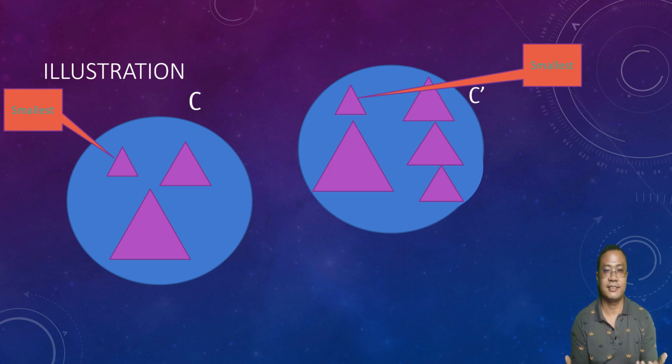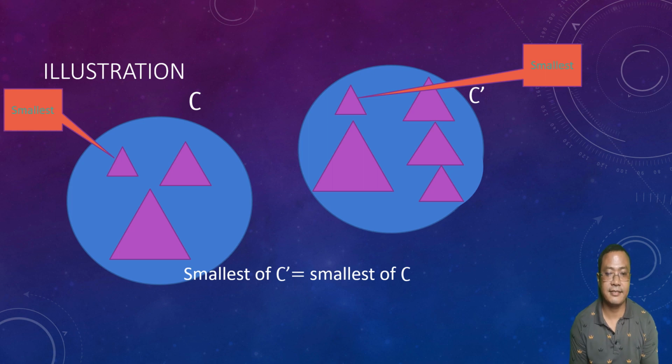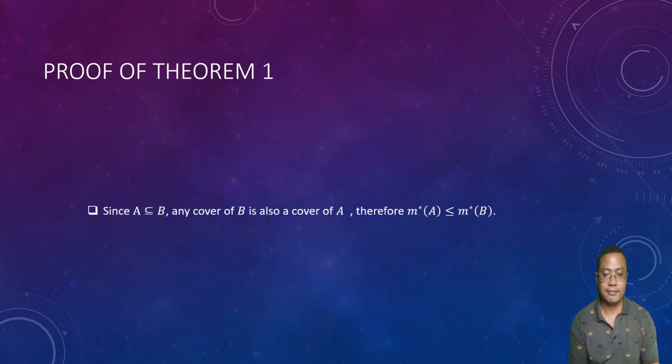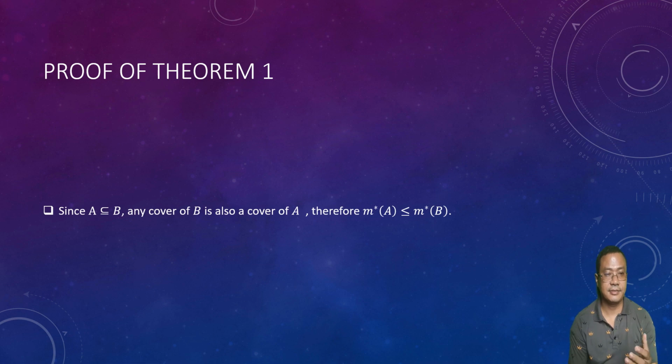All right, therefore in this situation the smallest of C prime is exactly equal to the smallest of the original collection C. In these two illustrations, what we conclude is that the smallest of the new collection C prime, which has additional members, is less than or equal to the smallest of the original collection C, which has fewer members. Okay, so that is what we are going to apply here.